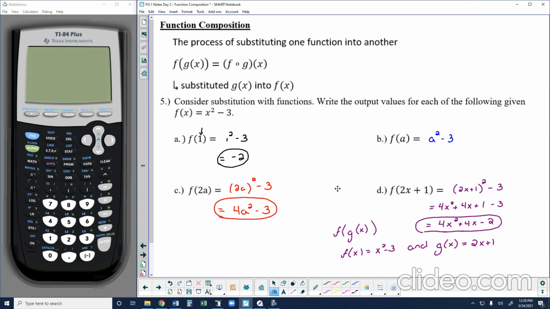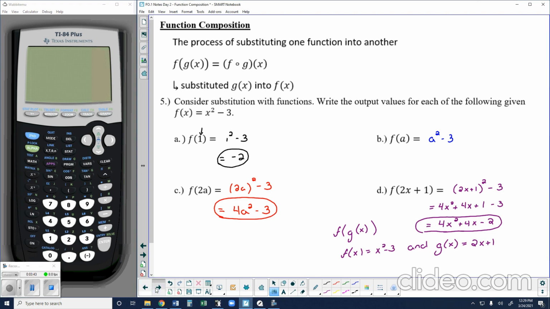So what we essentially did here was we took 2x plus 1 and substituted that into f of x. That is function composition. Now the notation for this could be written as f of g of x. What it's telling us to do is substitute the function for g into the function for f.